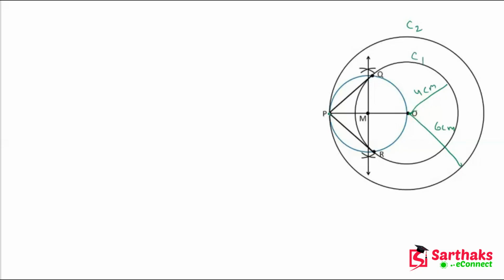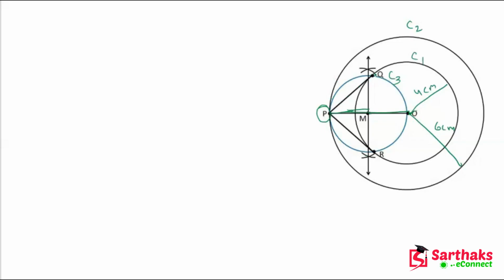So let's take point P here, and now we have to join PO. Again we have to make the perpendicular bisector of the line, and we have a point M which is the midpoint of line PO, and with the help of this midpoint we can draw the circle C3.